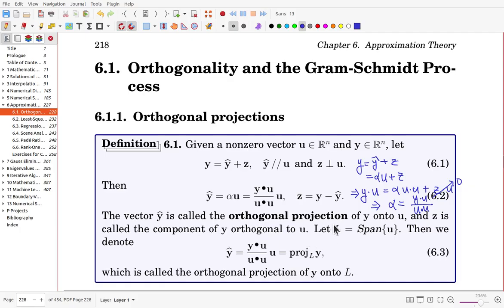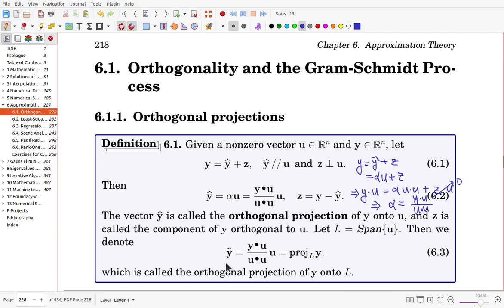But to deal with this orthogonal projection more effectively, we may try to define orthogonal projection onto a space rather than a vector. So let's define L spanned by the single vector u. Then this is a line including the vector u.